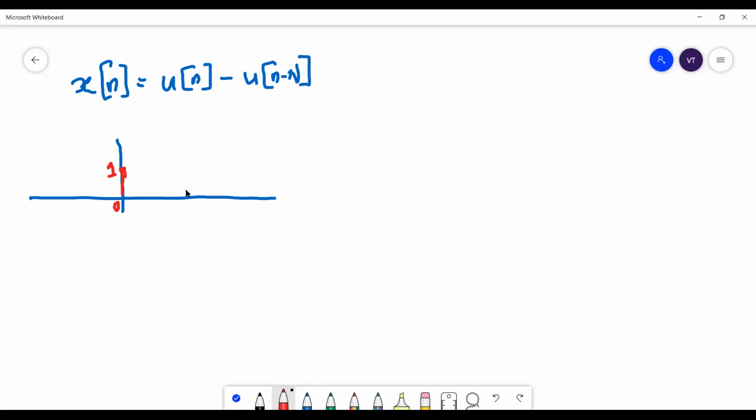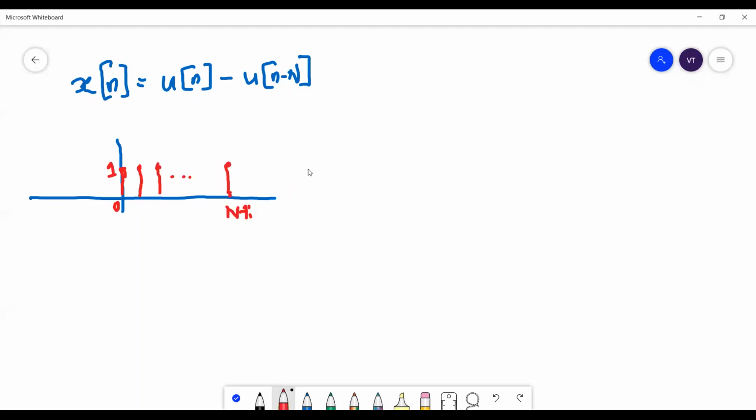If you subtract this, you will get the values from 0 to N minus 1, like this. Is that clear? So all the values are equal to 1.